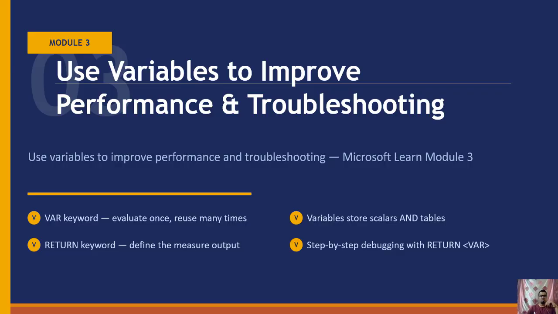The last module we are going to see is the usage of variables to improve performance and troubleshooting. We should use the VAR keyword wherever possible. In a single measure, if you are using multiple expressions and repeating the same expression, that is not advisable; we need to use a VAR keyword there.